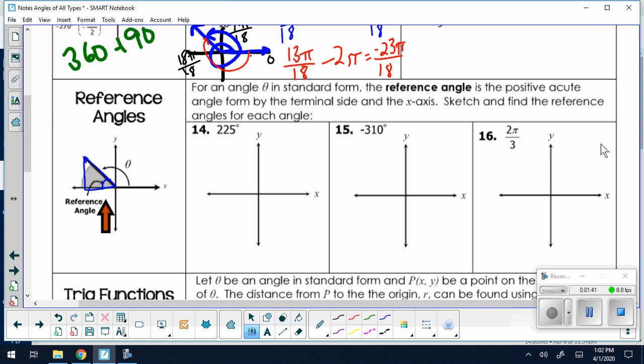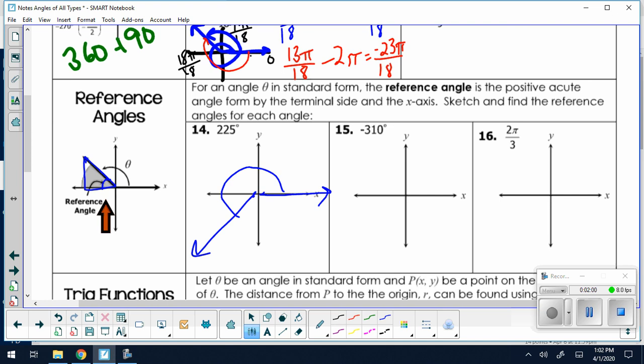So 225. Initial side, and then we go 90, 180. If we come to the negative y-axis, that would be 270. So I'm going to be somewhere in here.